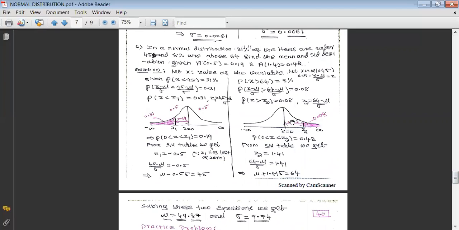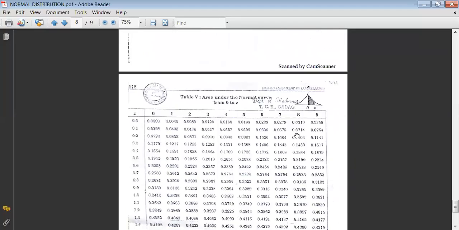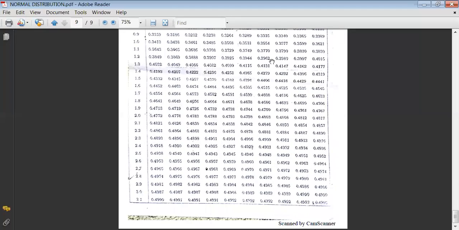Now from the table, we have to search for the nearest value to 0.42. If we go like that, here it is 0.4192, which means we are lagging by 9 units, and here we are leading by 7 units.